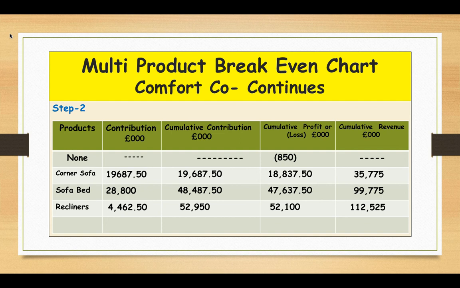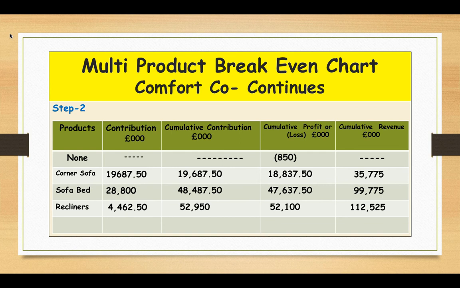Now, the cumulative profit or loss is going to be the cumulative total contribution, which is 48,487,500. Take away the fixed cost, which is 850,000. You will get 47,637,500 pounds. Now, we'll take the cumulative revenue. Cumulative revenue is going to be the total of corner sofa plus the sofa bed.